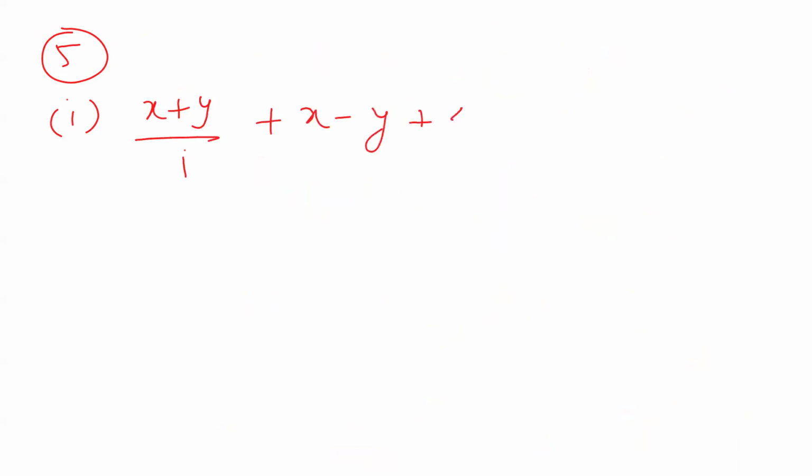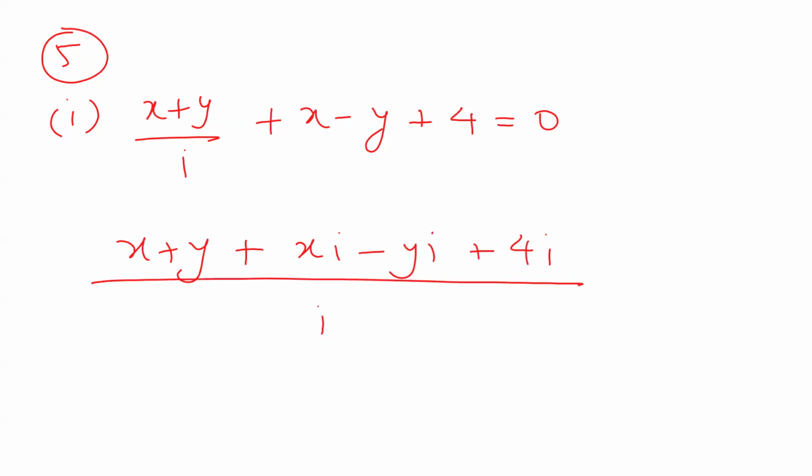Let's go to question number 5, sub question 1. (x plus y) upon i plus x minus y plus 4 is equal to 0. Okay, so what we can do is we'll take the LCM. x plus y plus xi minus yi plus 4i upon i is equal to 0.